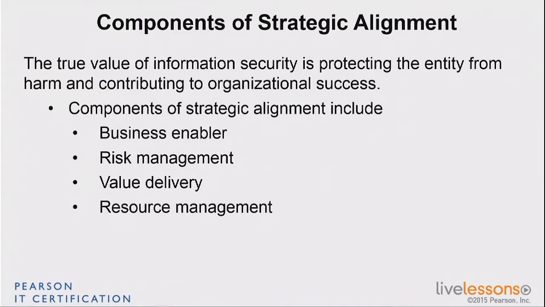We need to be using resources wisely. And we need to ensure that we're not impacting performance, that in many ways we are enhancing the performance of the organization. So to enable the business, to manage risks, to deliver value, to manage resources appropriately, and to have good cost-effective performance. Those are our key components of strategic alignment.